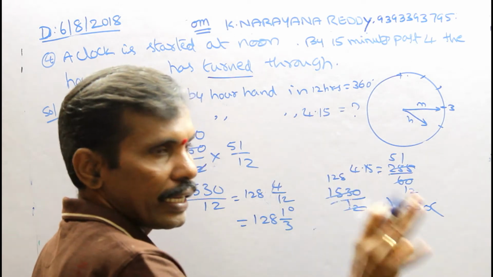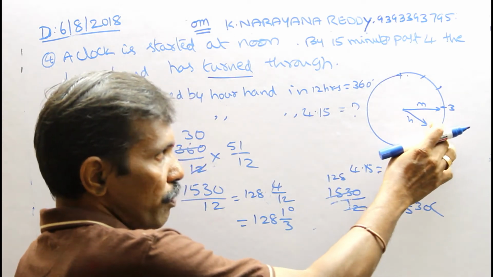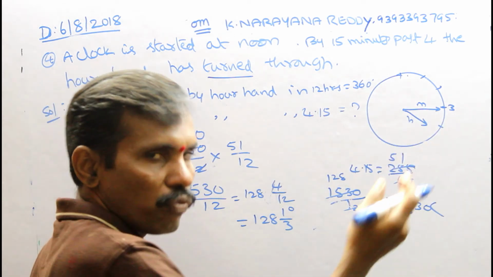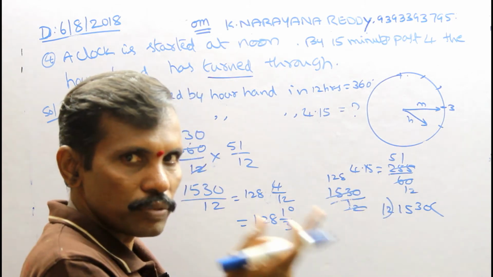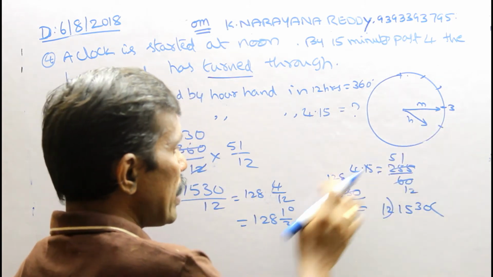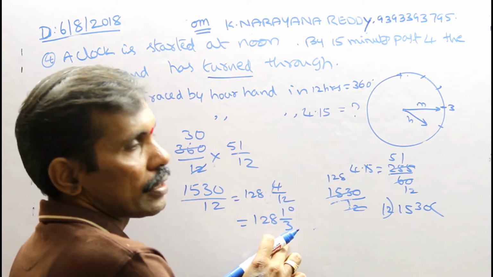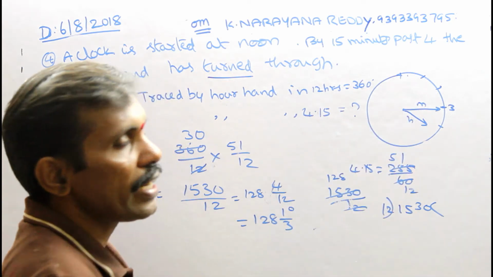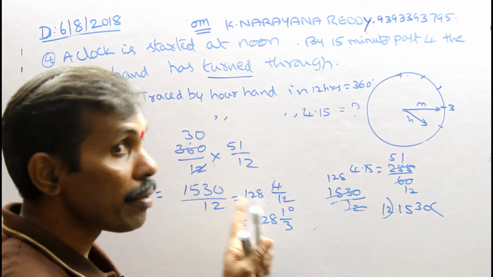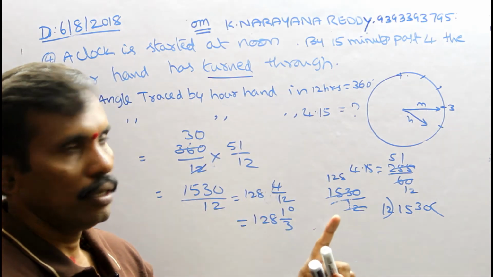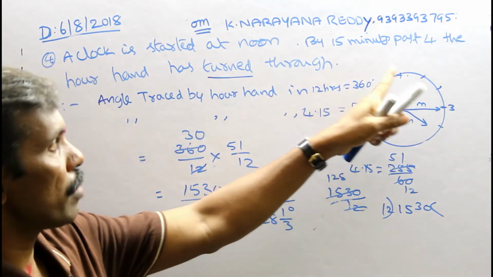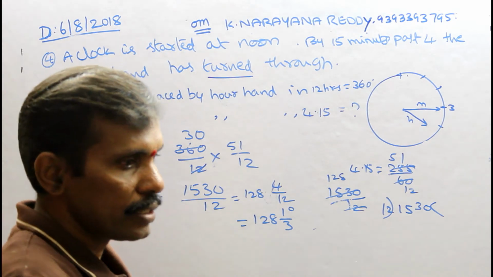Simple, 120 degrees. But after 15 minutes more than 4 hours, that is 15 minutes past 4, it makes an angle of 8 1/3 degrees. That is a total of 128 1/3 degrees. This is the angle made by the hour hand at 15 minutes past 4. Okay, that is the answer.